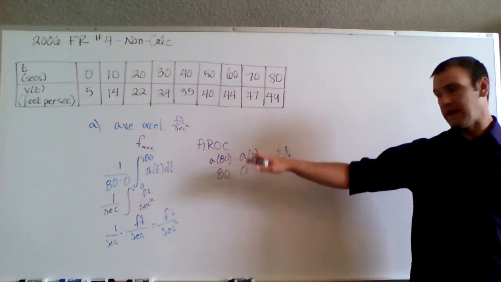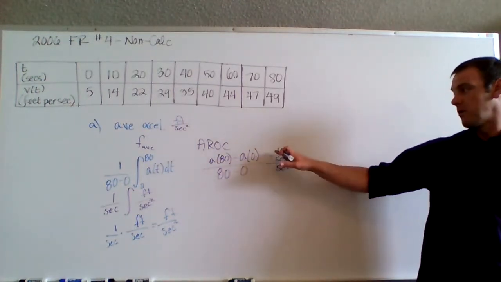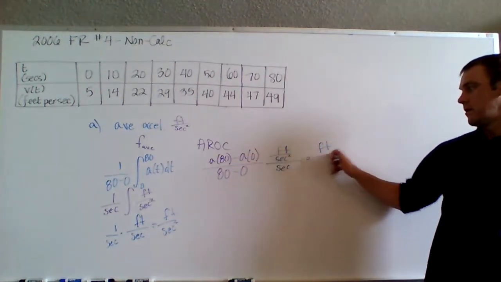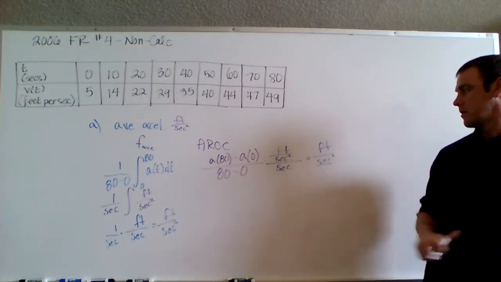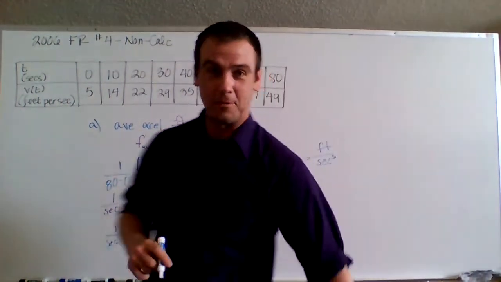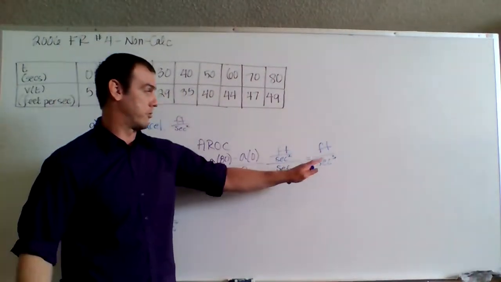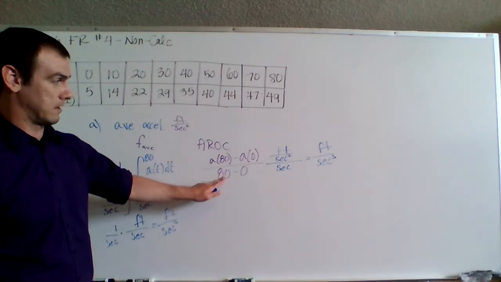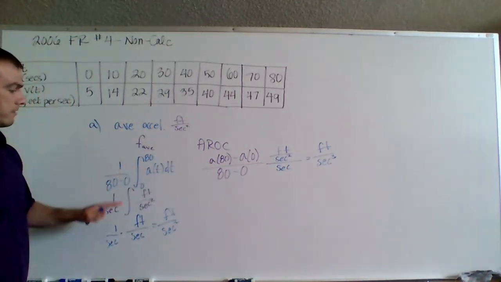If you were to use AROC here with acceleration, what you're going to get is feet per second cubed, which is going to have more to do with jerk, not acceleration. So we don't want the AROC here. We're going to want to use FAV.